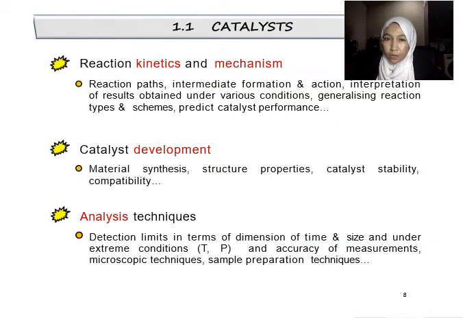All right. Basically, if we talk about research in catalysis, we need to deal with the kinetics and also the mechanism. So we also need to deal with how to develop that catalyst. Catalyst development means you need to select what the materials are, what the synthesis methods are, what the properties are.